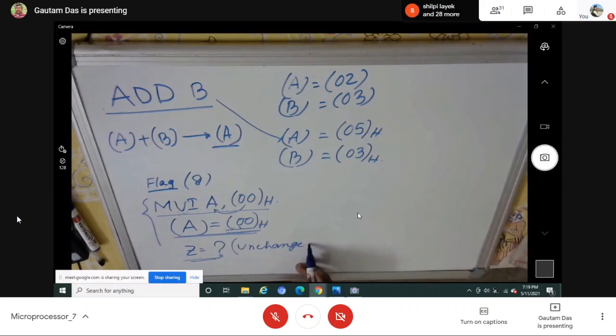Unchanged means whatever the earlier value was, that value will remain in the zero flag. It will not be equal to 1 after performing MVI A, 00 because it is a copy instruction. A copy instruction has no effect on any flag. Make that clear: the flag content will only be changed after performing an arithmetic or logical operation.